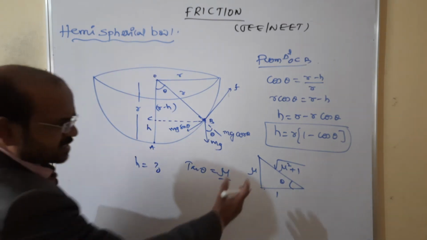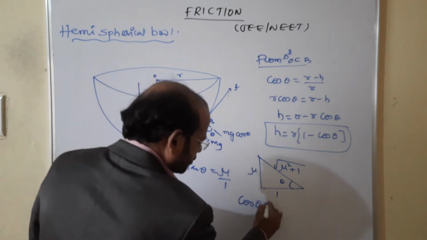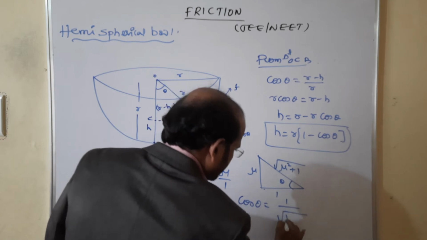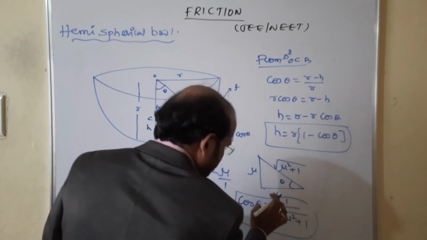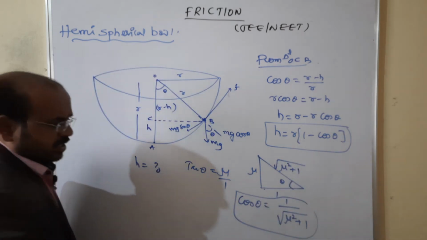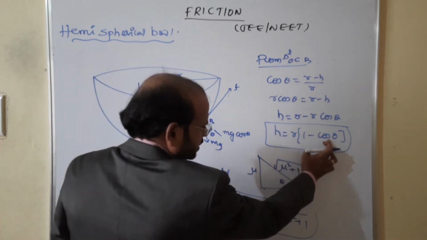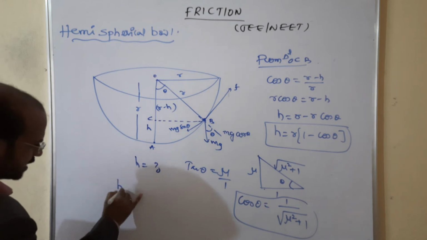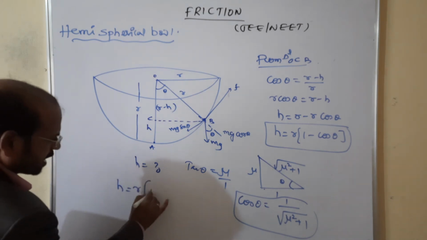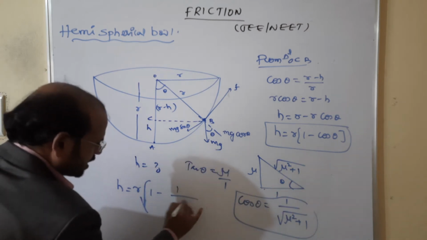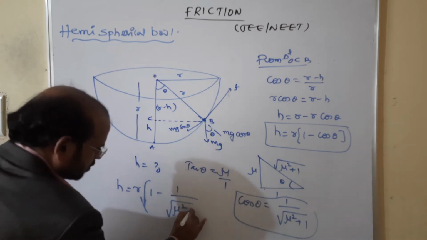Now using this triangle, cos theta is equal to 1 by root over mu square plus 1, because cos theta is adjacent by hypotenuse. Therefore the height it reaches is r times the bracket of 1 minus 1 by root over mu square plus 1.